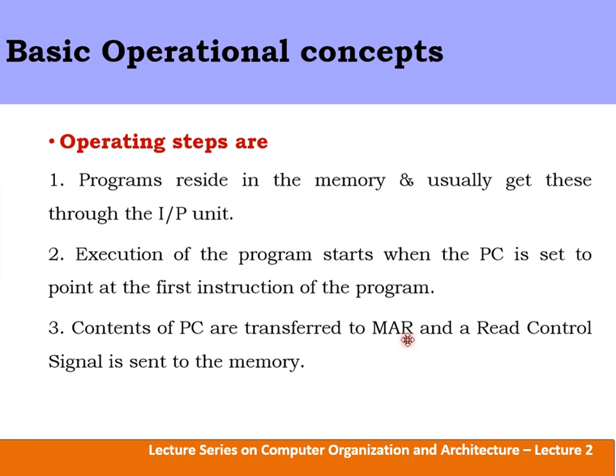Once that address is available in the memory address register, it is required to issue the read control signal. The read control signal is issued by the control unit so that the read operation can be performed. What is a read operation? A read operation is nothing but fetching that instruction from the memory. So the read control signal is sent to the memory.